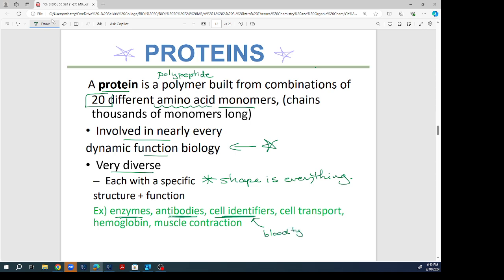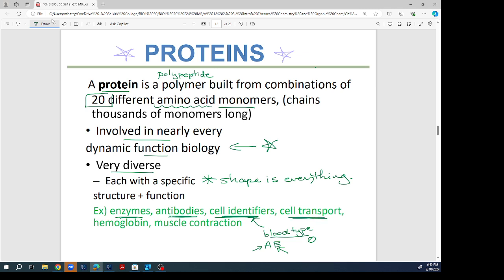So if you have blood type like I do, I have blood type AB, that means that I have little A protein markers and little B protein markers on all my blood cells. If you're a type O, that's actually a 0. That means that you have an absence of those cell identifiers on your blood cells. So many cells have identifiers, and blood type is just one example that you may know or may have heard about and can connect to a little bit.